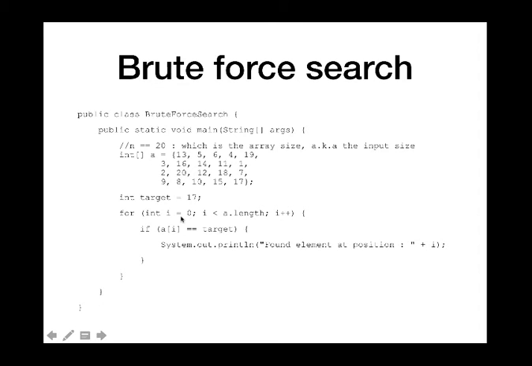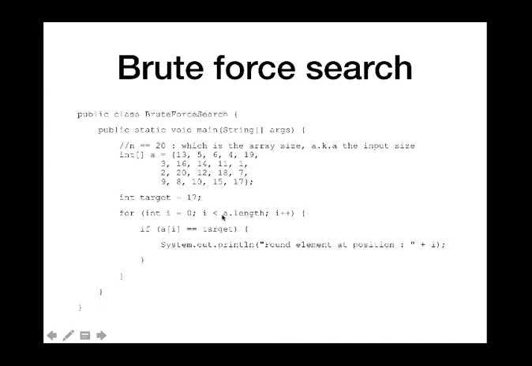That's all what it does. As you can see here, the algorithm is almost the same. The only difference here is instead of simply printing the value, I'm doing a comparison in order to check if I found my target or not. If I found it, so I simply print the position.